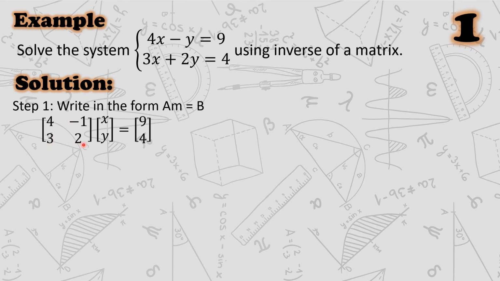Remember that before getting the coefficient matrix, we need to make sure that the two equations in the system are written in standard form. Multiplied by the column matrix XY, which is the variable matrix, equals the column matrix with elements 9, 4. These are the constants in the system of equation, 9 and 4, and that is our constant matrix.